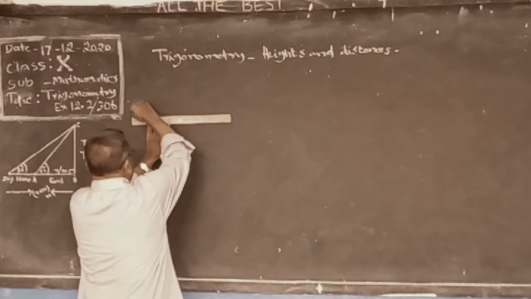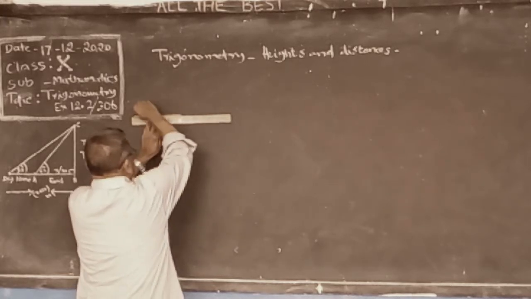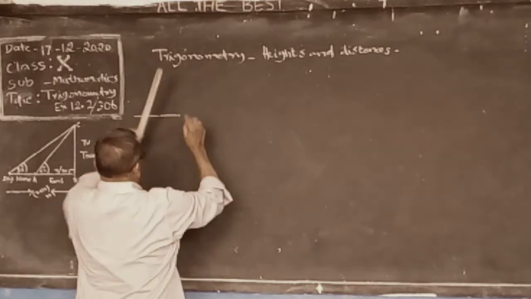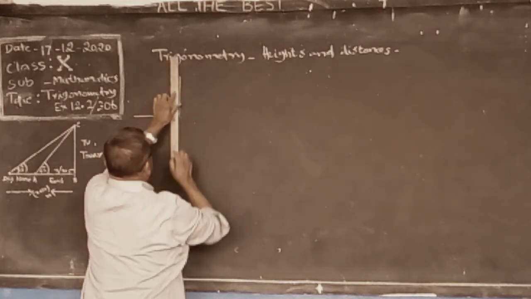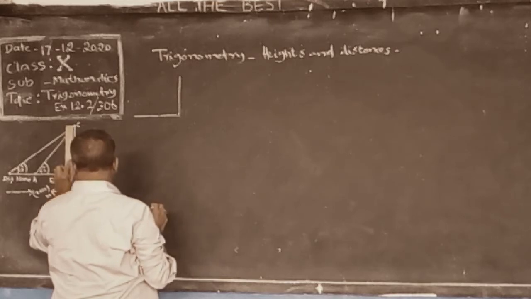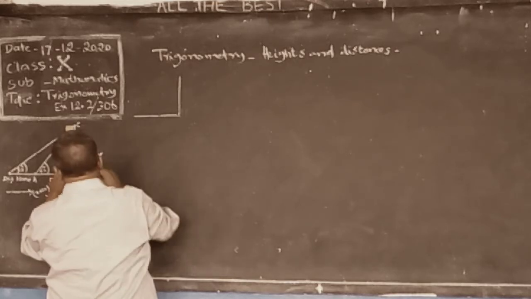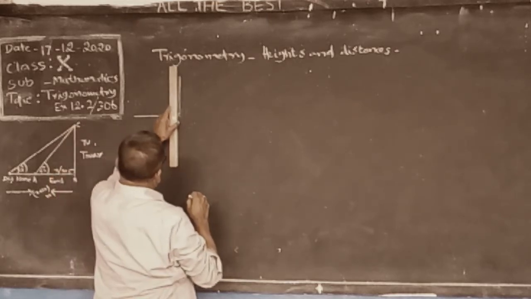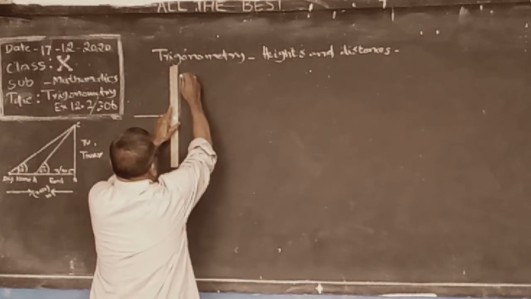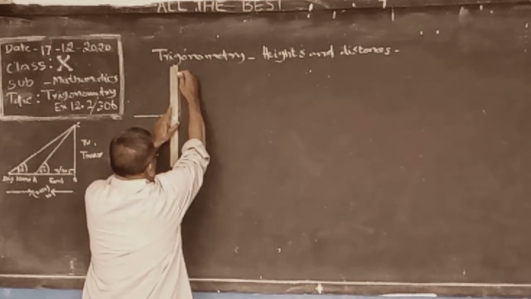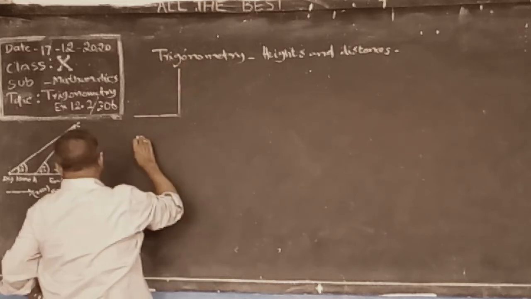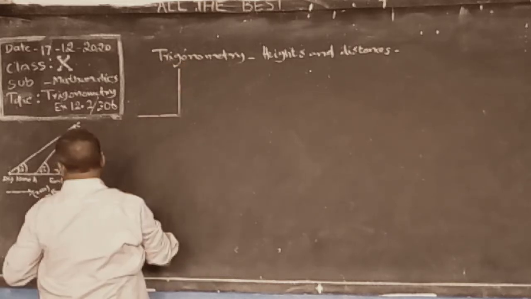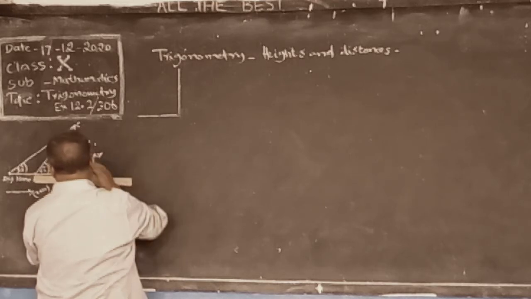let us separate the triangles so that we can easily solve the problem. To avoid confusion, let us take the same height, BC. Same figure, AB.